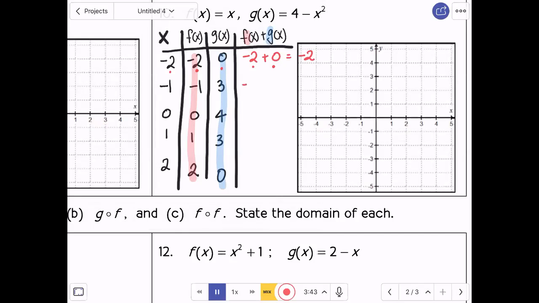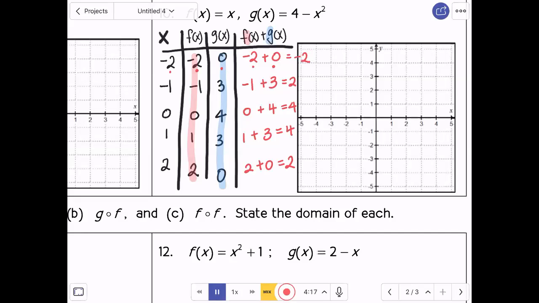For -1, f of x plus 3 is 2. 0 plus 4 is 4. 1 plus 3 is 4. And 2 plus 0 is 2. So we got the values of f plus g. Now it's time to plot them on the graph.